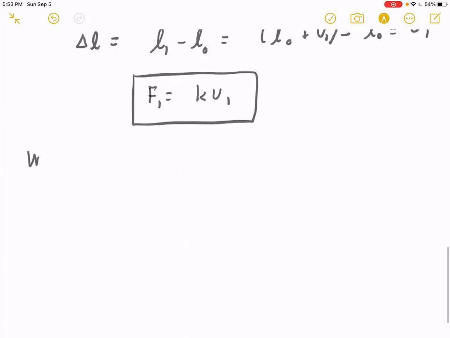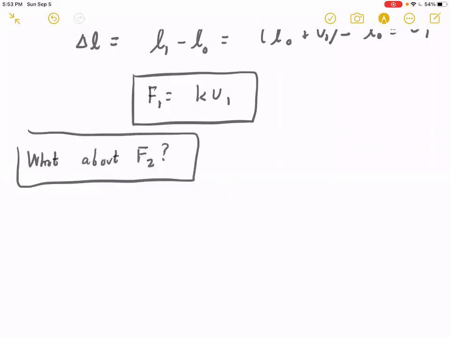All right, there's a second force because I have a second spring. Every time I have a spring, I have a force. So what about F sub 2? This is a restoring force due to the spring on the right-hand side of the mass.